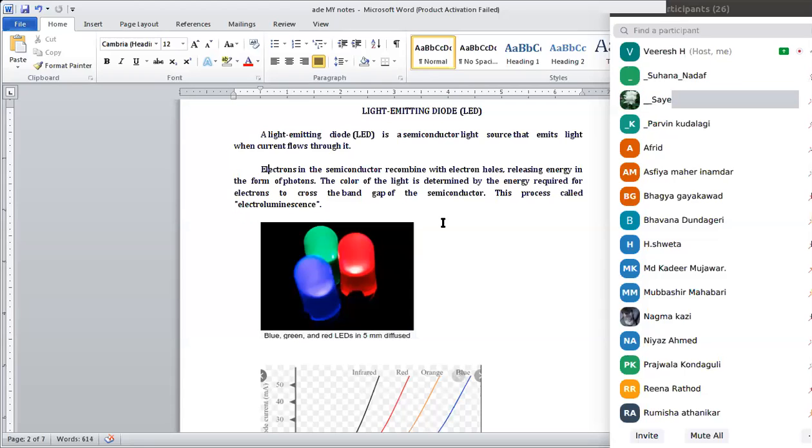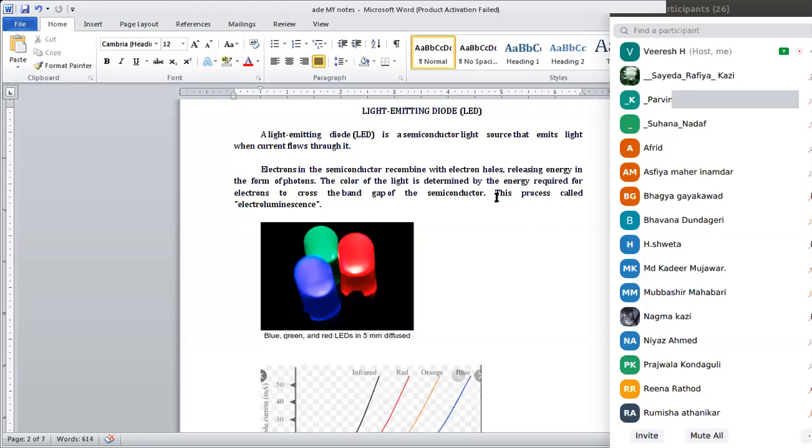Whenever current flows through this diode, the electrons and holes combine together, and the combination of this electron hole pair will produce a spark or a light signal. The color of this light signal is determined by the energy required for electrons to cross the band gap, that is, the energy gap of the semiconductor.